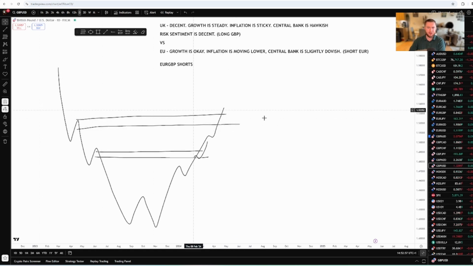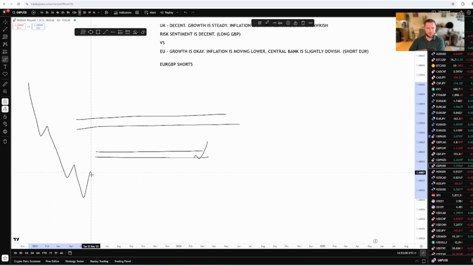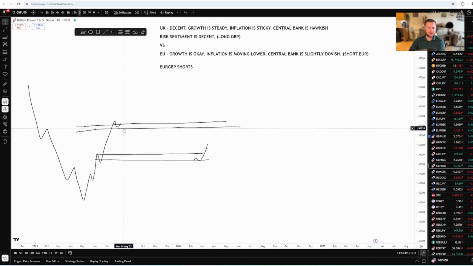Everyone's slightly different. But what you'll then do is, let me just do something like this, where we do that, and we come into sort of there. That's supply zone.